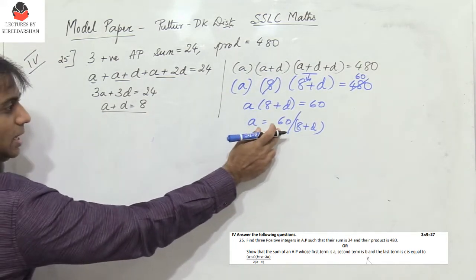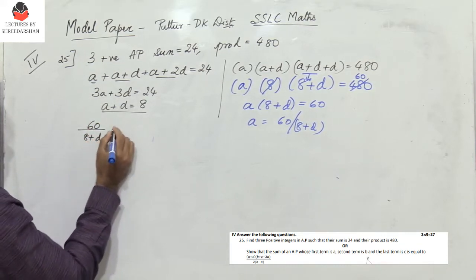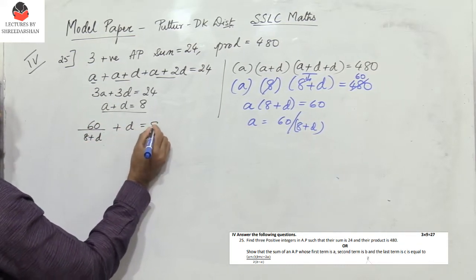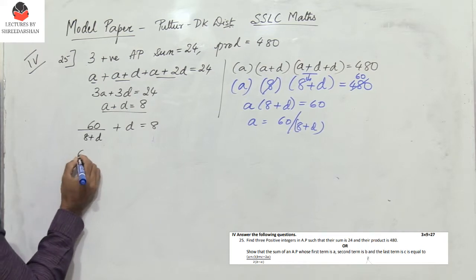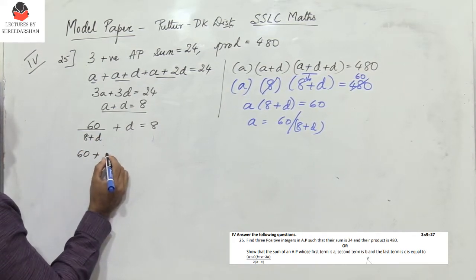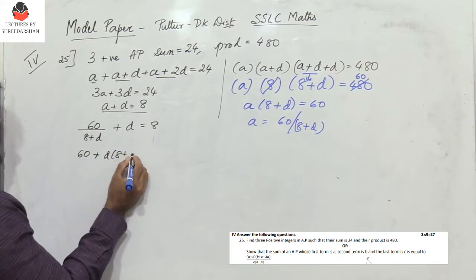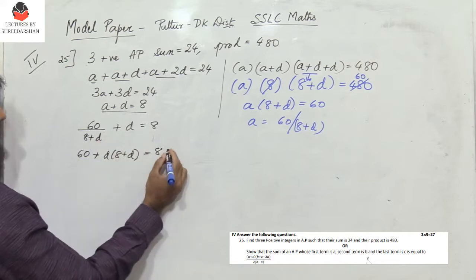A is this 60 divided by 8 plus d, and a plus d equals 8. So now let me take the LCM. I have 60 plus d into 8 plus d equals 8 into 8 plus d.